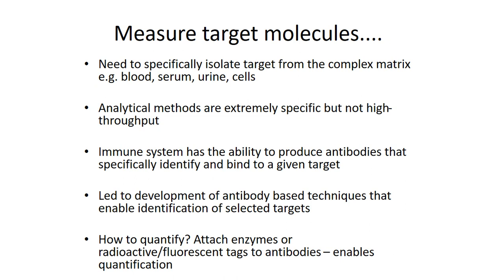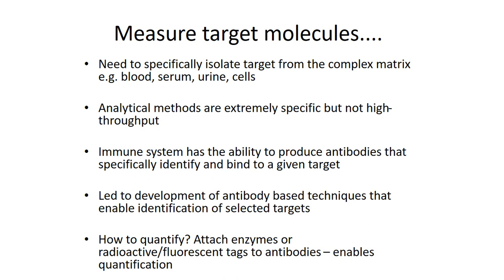And the whole concept is that the immune system has the ability to produce antibodies that have extremely high specificity for a given target. And it's exploiting this property of the immune system which we're going to talk about. So all of this has led to the development of antibody-based techniques that enable the identification of selected targets.